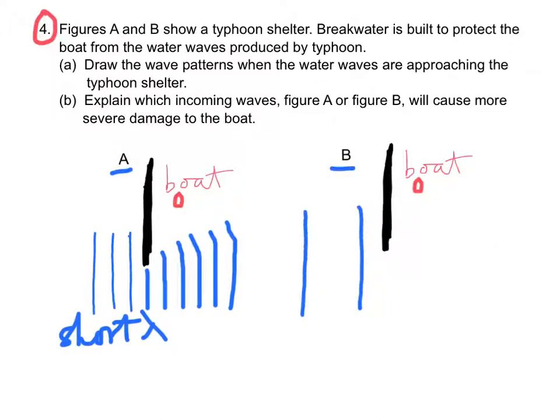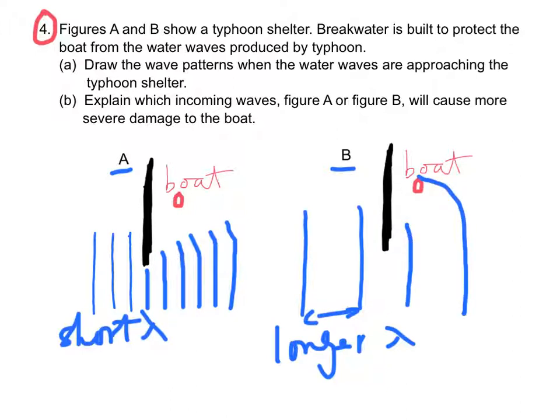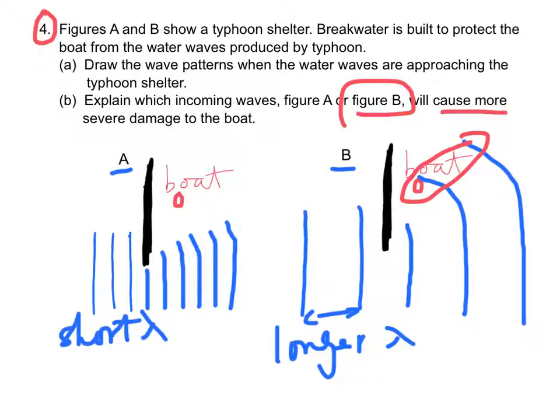In Figure B, since the wavelength of the wave is longer, therefore it shows much greater diffraction when passed through the corner. Hence, Figure B will cause more severe damage to the boat.